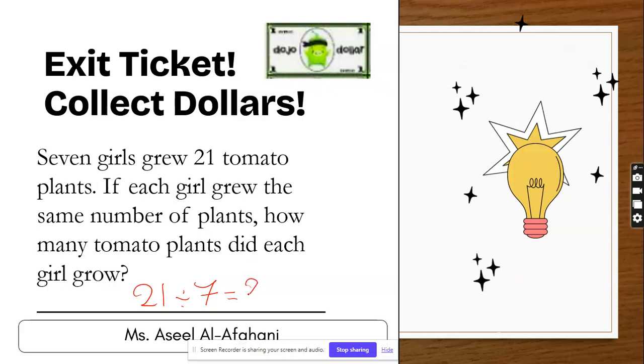So I have 3. 3 plants with each girl. It's like having 21 straws and 7 cups. And I want to distribute the 21 straws equally into the 7 cups. So how many do I have in each cup? I have 3 straws. And here I have a question about what? How many tomato plants? So I have 3 tomato plants that each girl will take. And I'm going to say, excellent work.